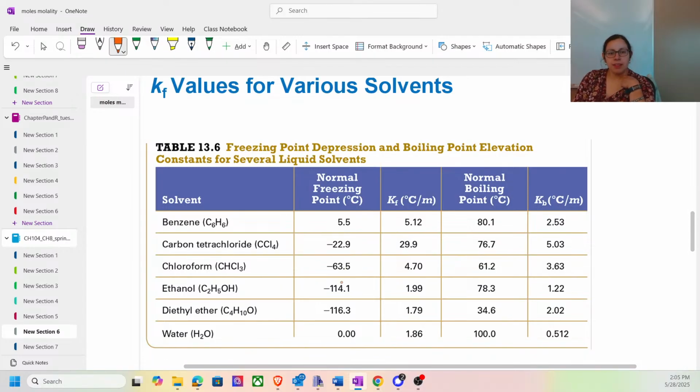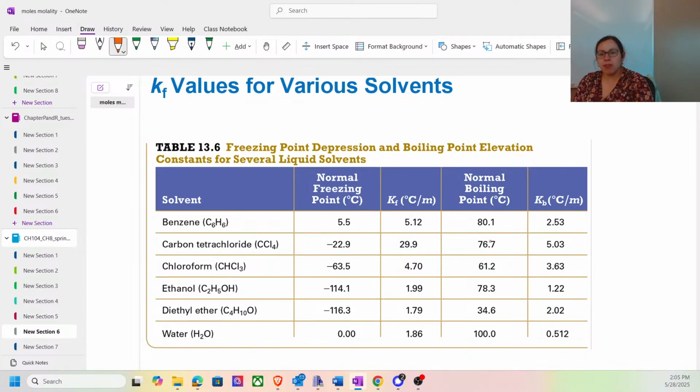So then this is an example of these different values. First we're just looking at our freezing melting line, and this is the solvent. Again, it lists all of these solvents, though most of the time we're looking at water.